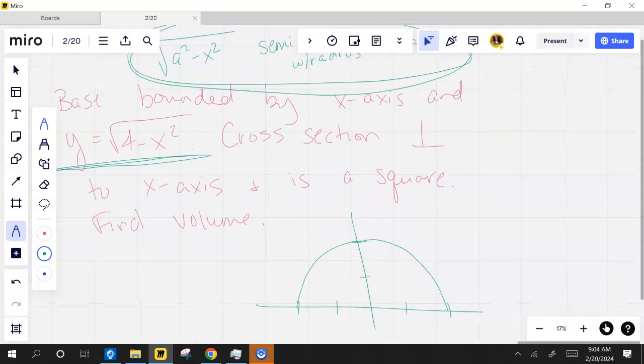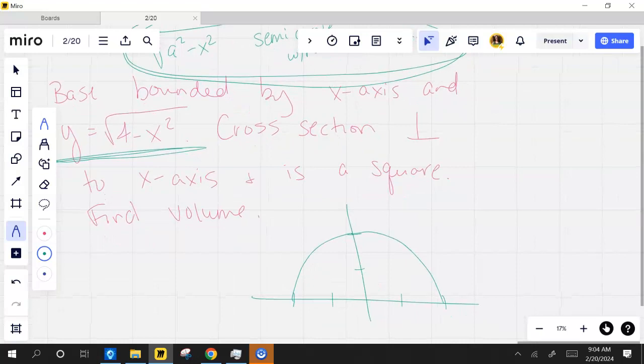So if my cross section is perpendicular, it's a terrible semicircle, but you get the point. If my cross section is perpendicular to the x-axis, that means this is my cross section. Do you agree with that?